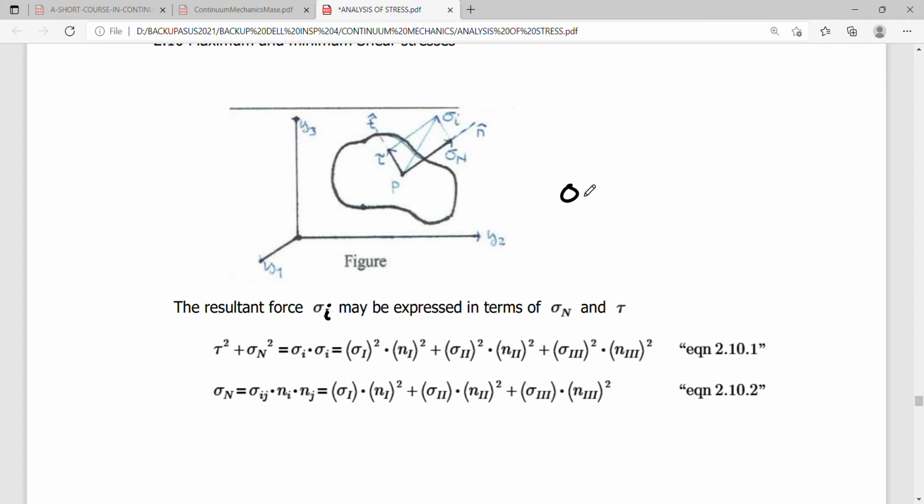Meaning to say that if you have a sigma I, you can make use of a sigma principal dot.